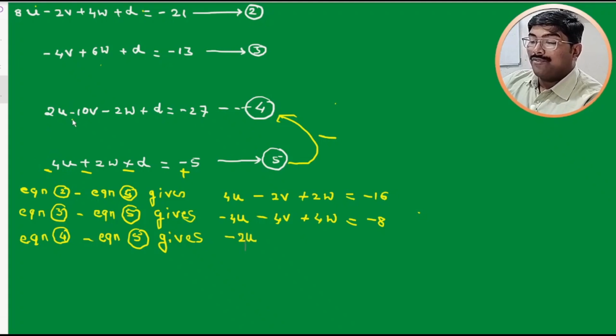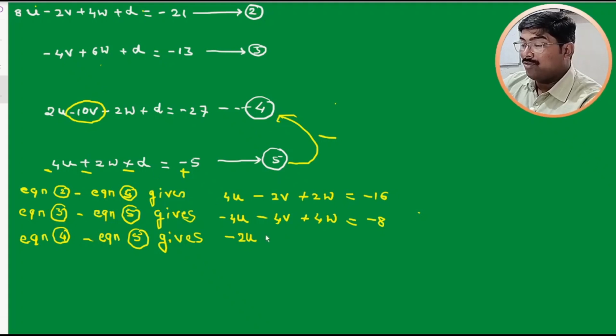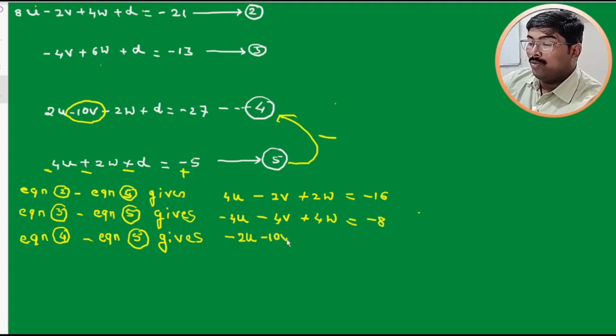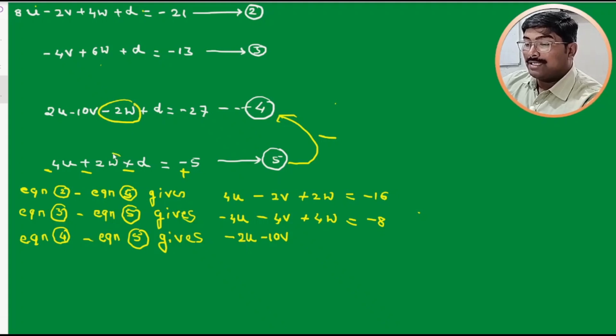Now in equation 4 we have minus 10v, but the term containing v is absent in equation 5, so we can write it as minus 10v only. Now from equation 4 we have minus 2w, and from equation 5 after subtracting we have minus 2w.